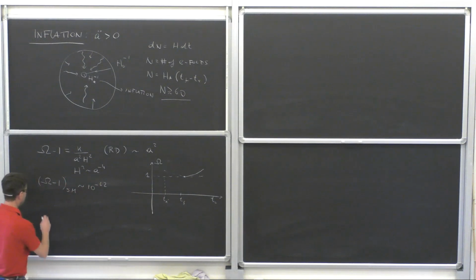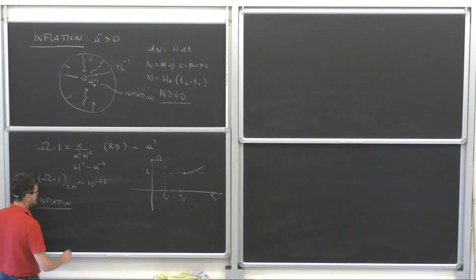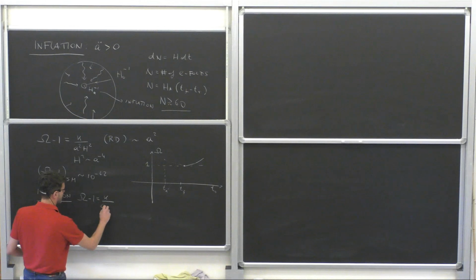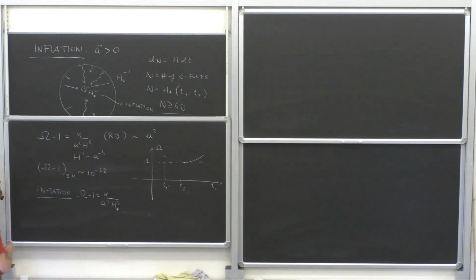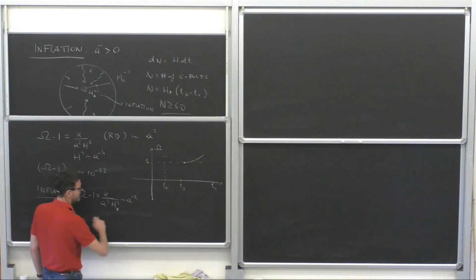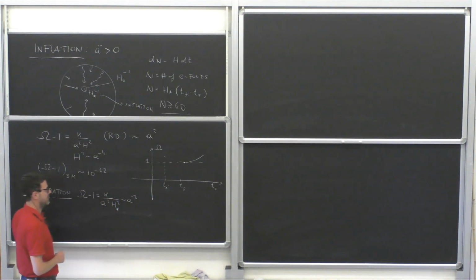So during inflation, supposing that it took place, what happens is that omega minus 1 has a different behavior because the Hubble rate is constant, so we can put a star here just to indicate that it's a constant. And of course, we discover that this goes like a to the minus 2. So you see, with time, it goes down rapidly to a small value.